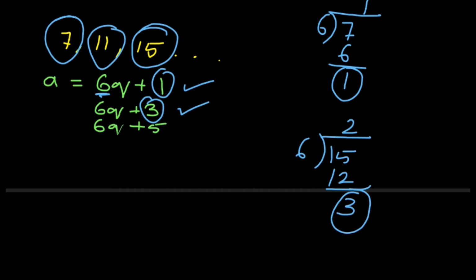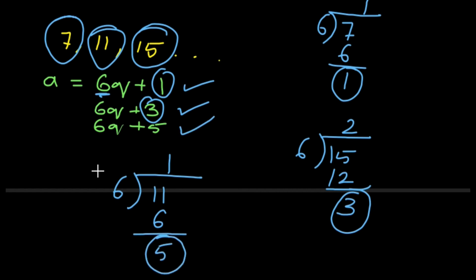Let's take 11, 6 divided by 11, 6 1s are 6, remainder is 5. This is also true. ये चीज़ हमें प्रूव करनी है that A is any odd integer will be of the form 6q plus 1 or 6q plus 3 or 6q plus 5.